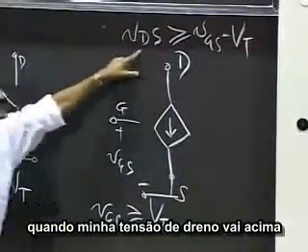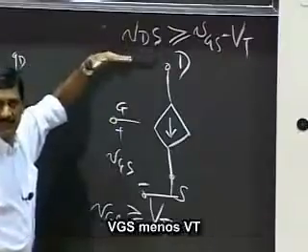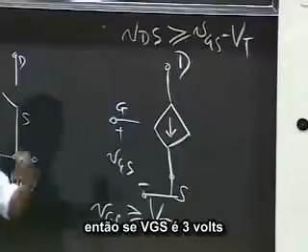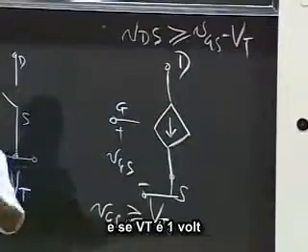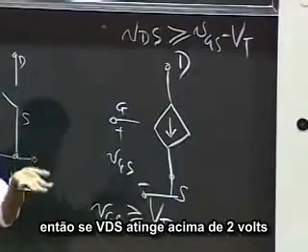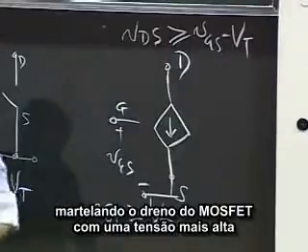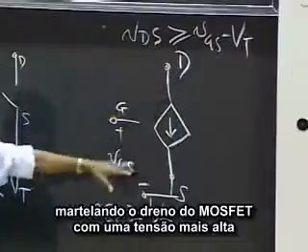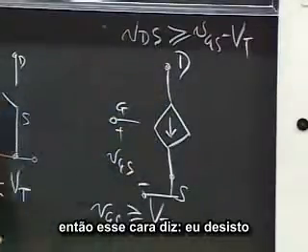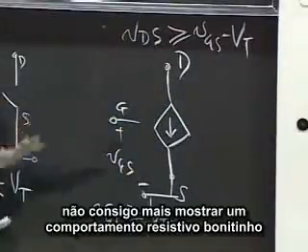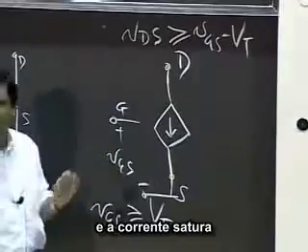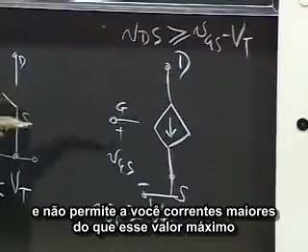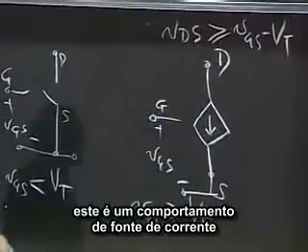So if VGS is 3 volts, and VT is 1 volt, then if VDS goes above 2 volts, I'm hammering the drain of the MOSFET with a higher voltage, then this guy says, I give up. It can't show you nice resistive behavior, and the current saturates out, and it doesn't allow you to draw more current than a maximum value. Okay, and that's the current source behavior.